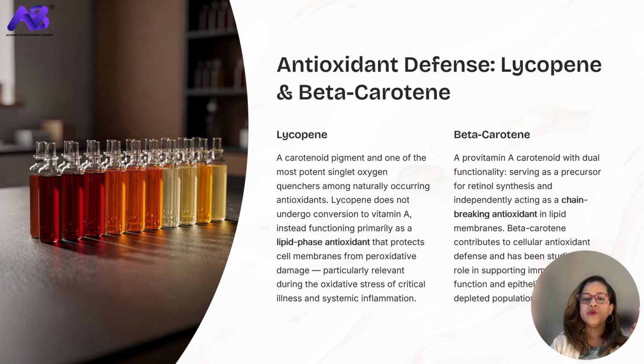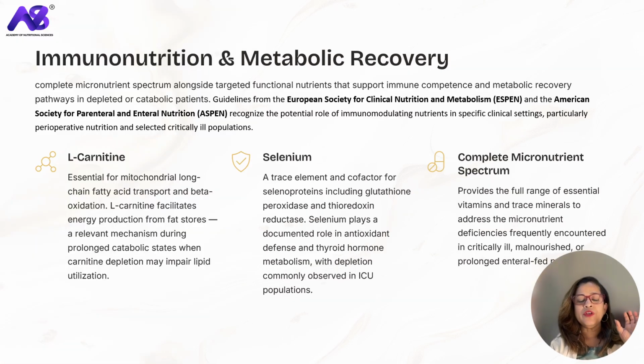As we know, it is a precursor of vitamin A. Of course, eating a balanced diet is important, but when you're giving it through the tube or through reconstituted powder form, you have to look at these two aspects also. Because when we talk about immunonutrition and metabolic recovery, we'll talk about L-carnitine, selenium, and other micronutrients. These basically are an entire ecosystem that will help take care of your immune nutrition as well.